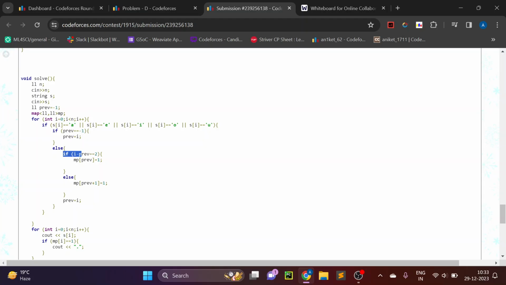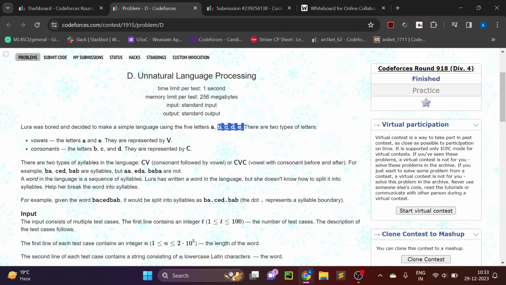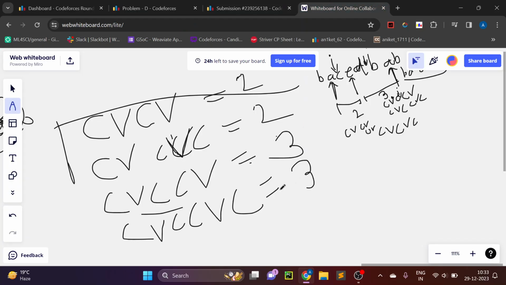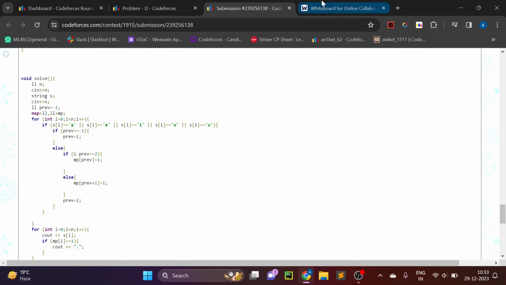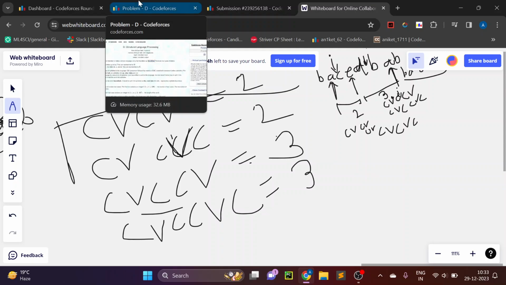Else, if i minus previous is equal to 2, in this type of condition I have to just add the dot after the previous vowel itself. So I will mark mp of previous as 1, or else if the difference is equal to 3, I will mark the next consonant of the previous vowel as 1.